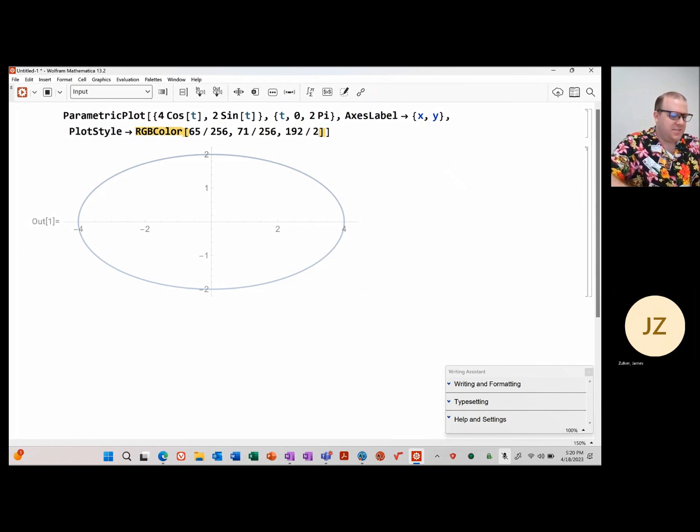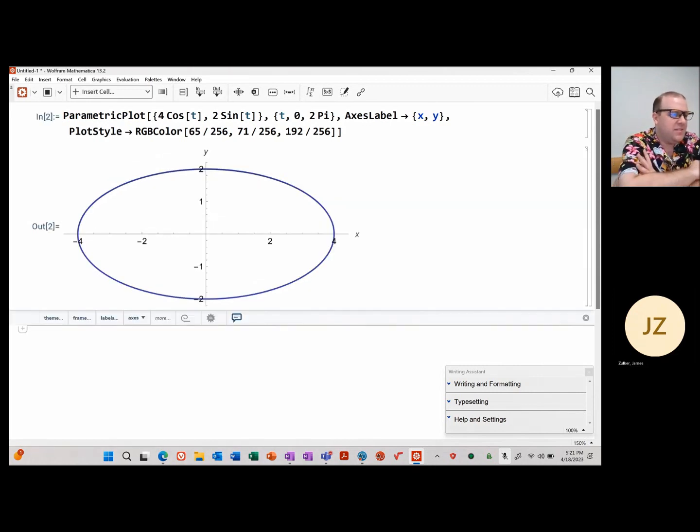It also does CMYK. They can either do the RGB code or the CMYK code. And CMYK color would be the command for that. Okay, so right now, there we go.